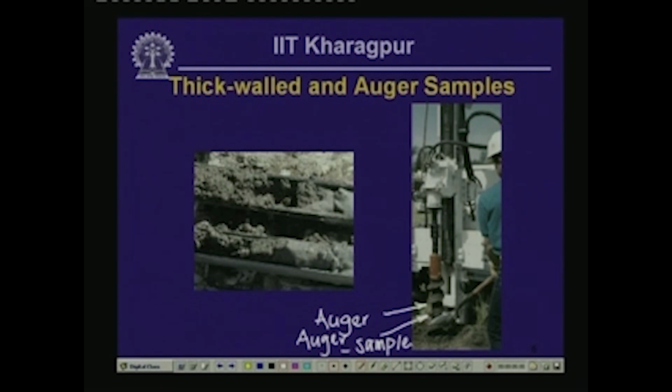So, here the disturbance is even more in comparison with a split spoon sample, in the sense that we do not exactly know from which depth the auger sample is actually coming, and they are totally altered in the interlayering within the different portions that might be existing underground. The structures are totally destroyed as the sample is brought to the ground surface by the screw action of these augers.